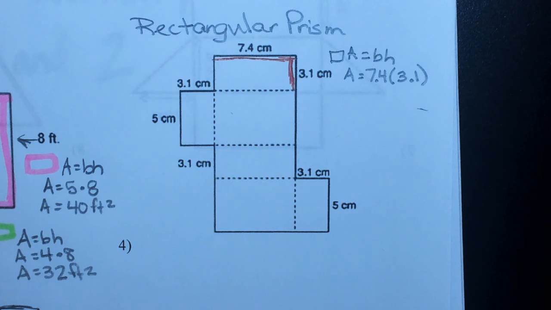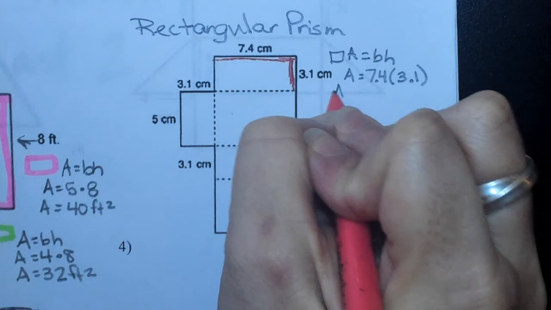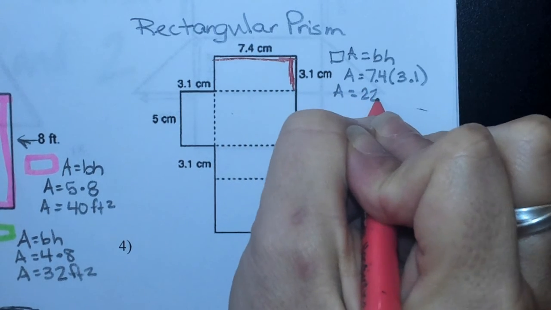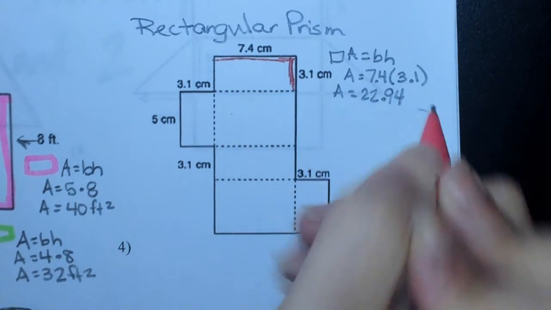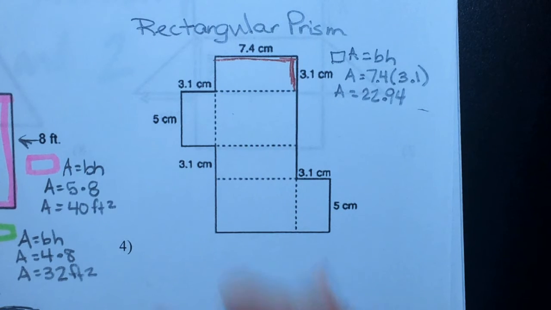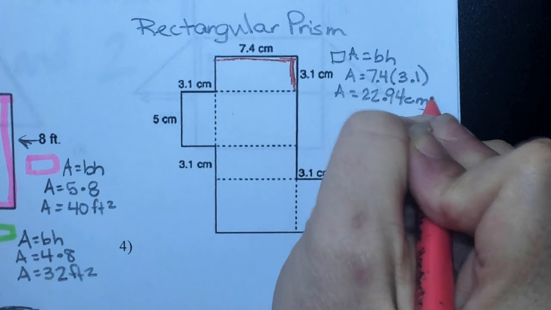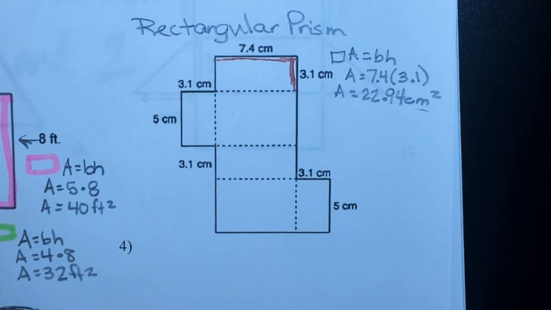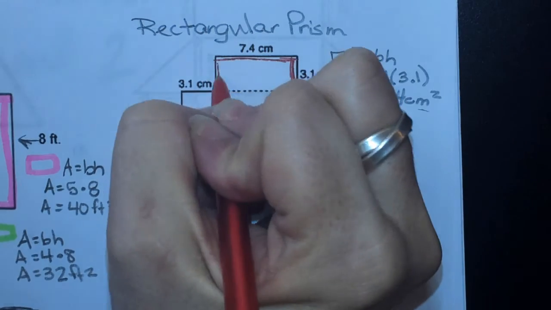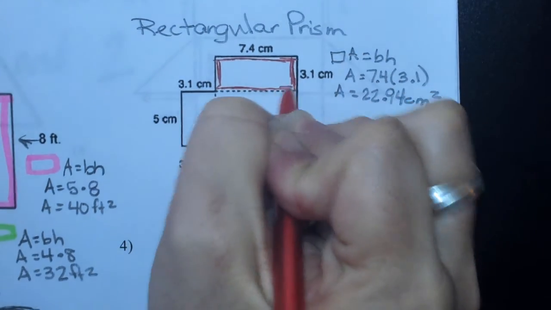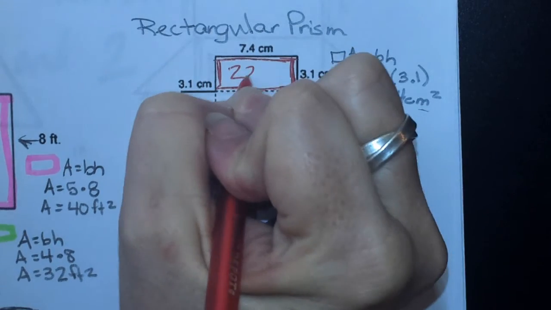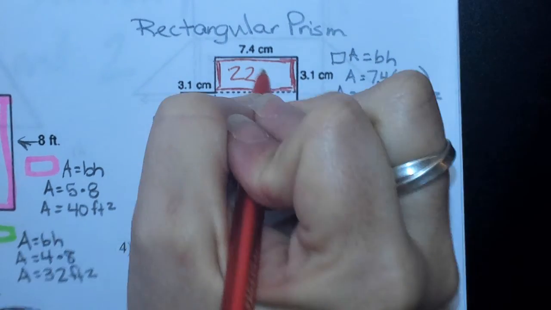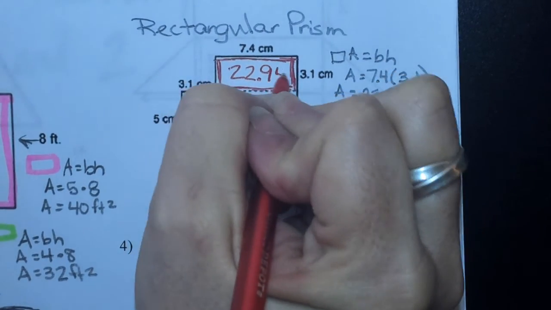And you just can't, guys. I wouldn't want them to skip the change on my paycheck, so we can't do it in math class. Okay, so this box is 22.94. Okay.